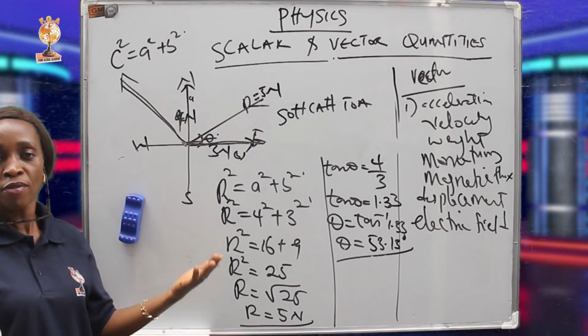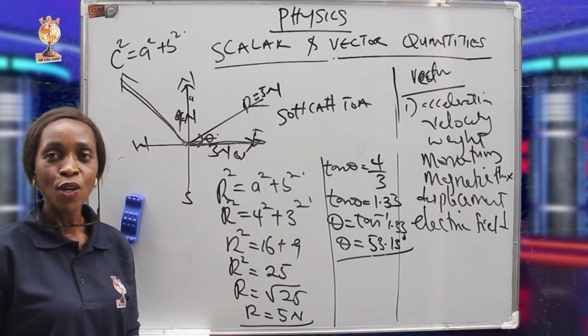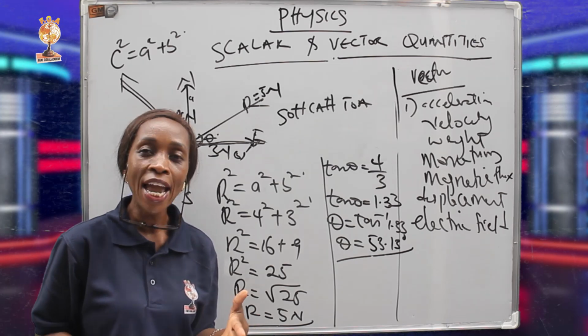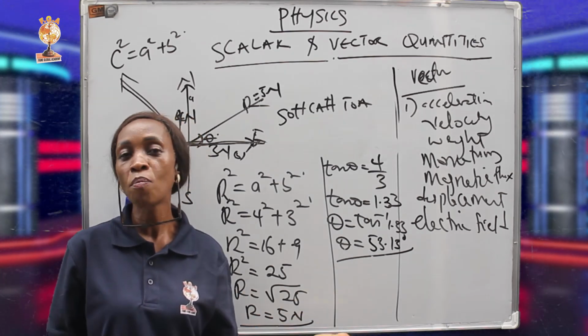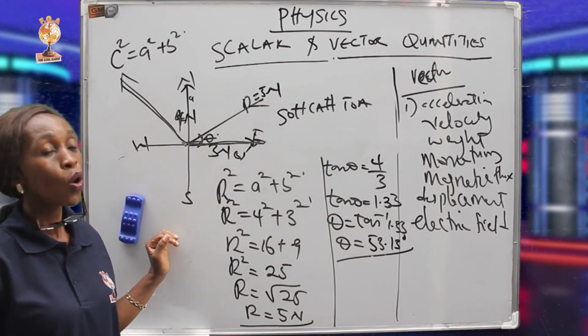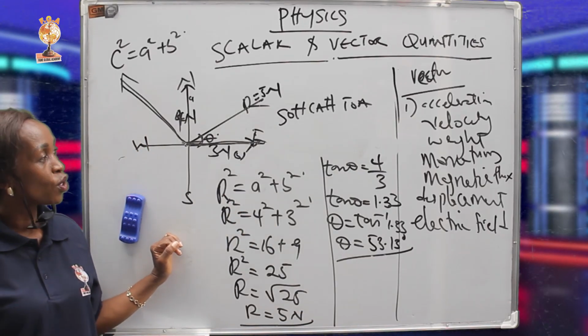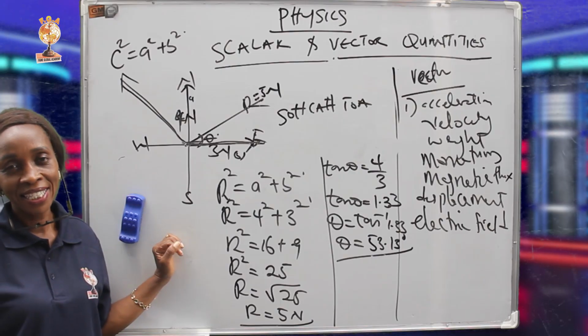How do I now find the resultant? In that case, we use the cosine rule. Yes, mathematics comes again into play. We use the cosine rule and the sine rule.